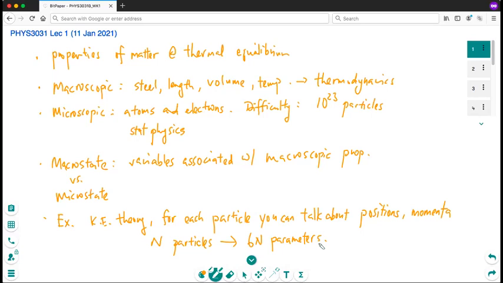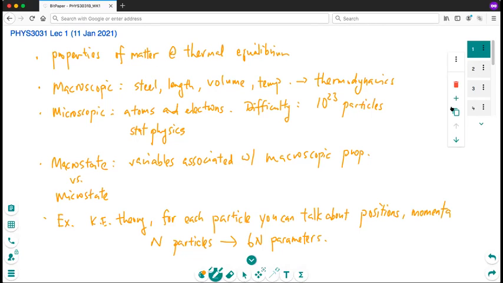So how do we move forward? How do we get from the microscopic theory to the macroscopic observable? That is our aim towards the end of this course. We need to start from thermodynamics, then slowly move on to statistical physics, and then come back to look at some of the thermodynamics again.